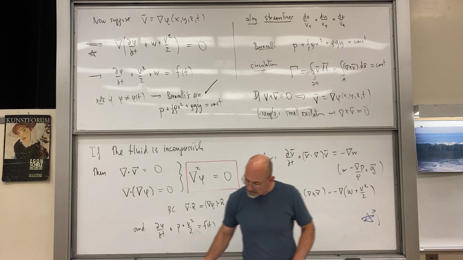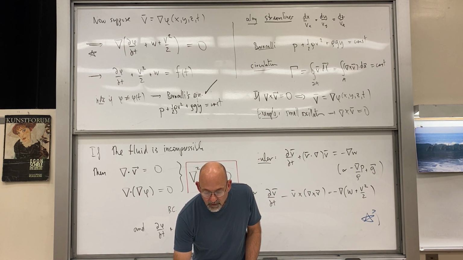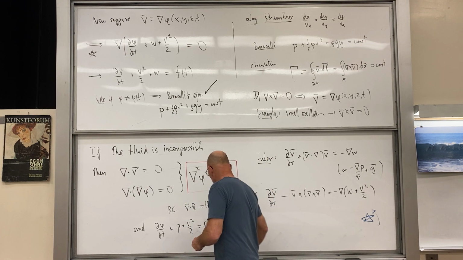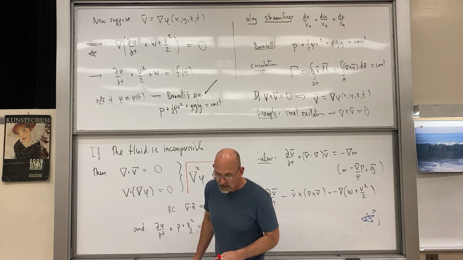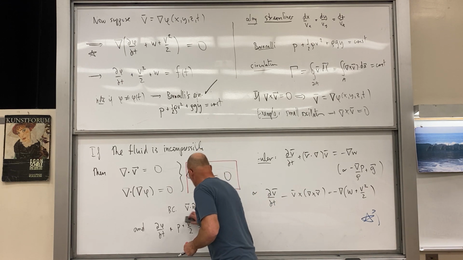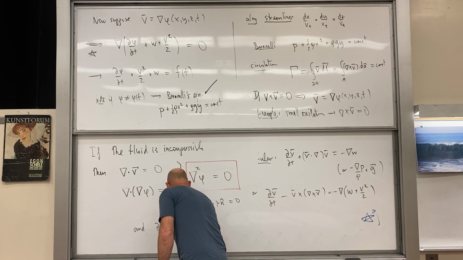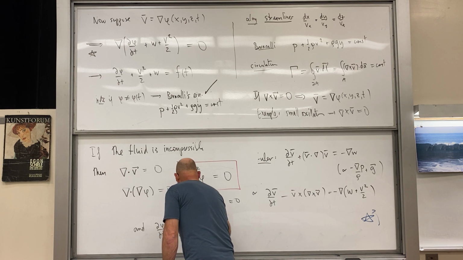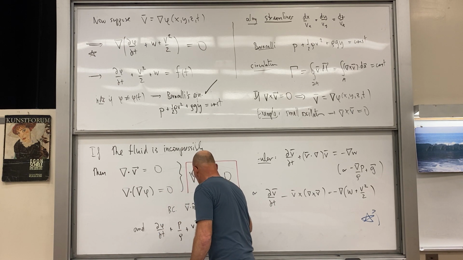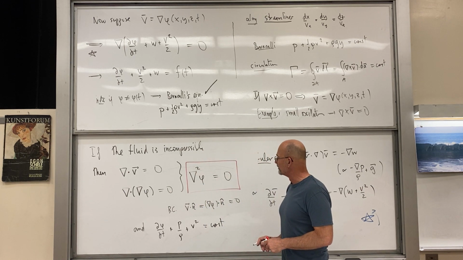So good, let's see if that's what I wanted to write here. Not quite, P over rho. And I think I can just say it's a constant, right? Yeah. So dφ/dt plus P over rho plus V squared equals constant. That should be the form.